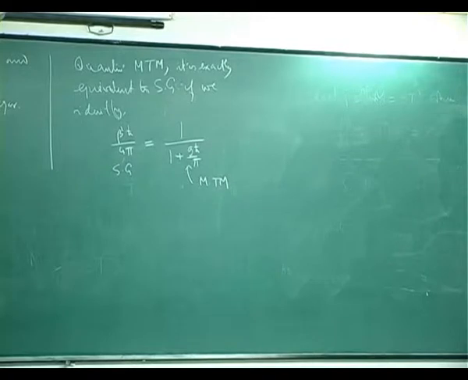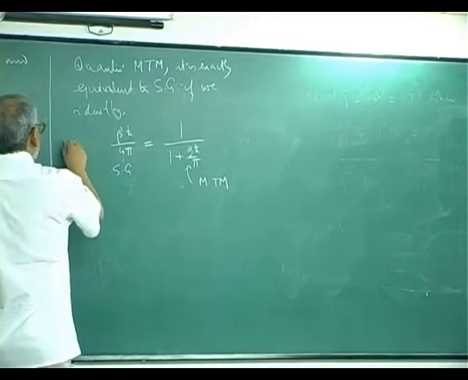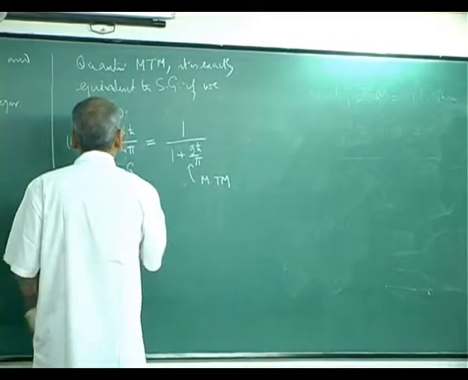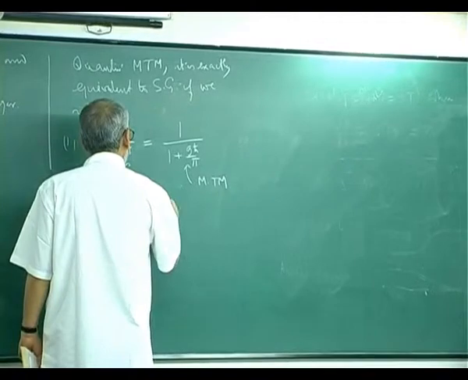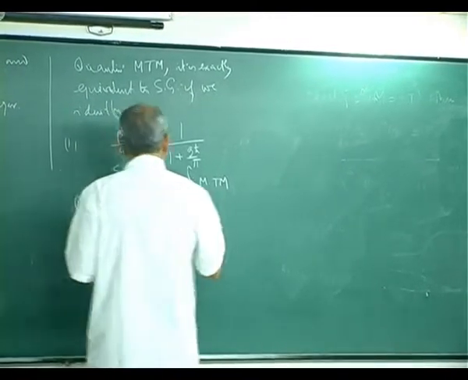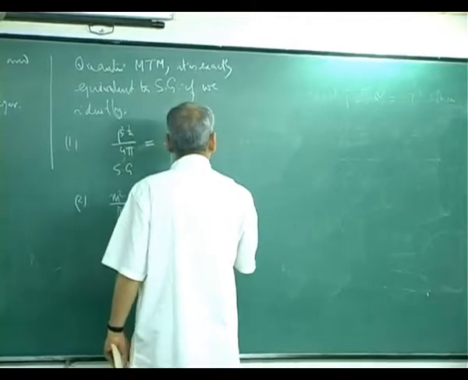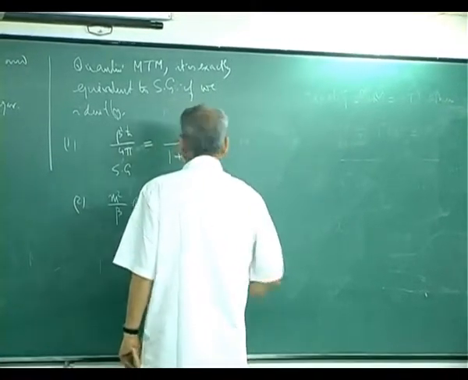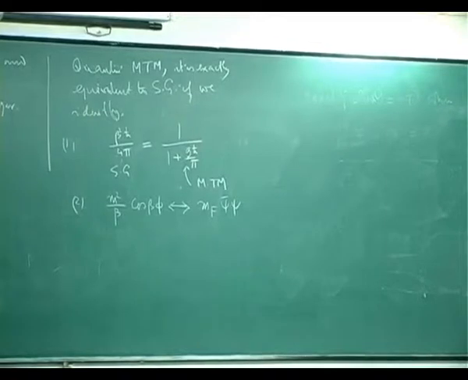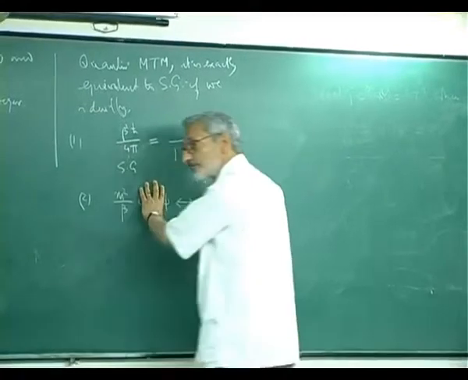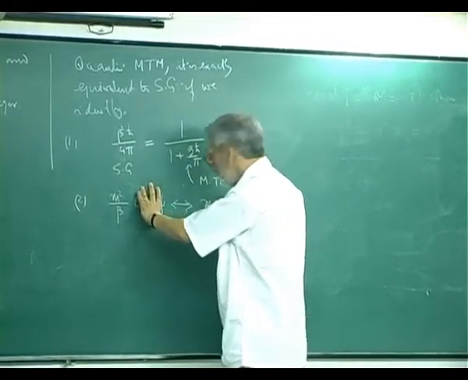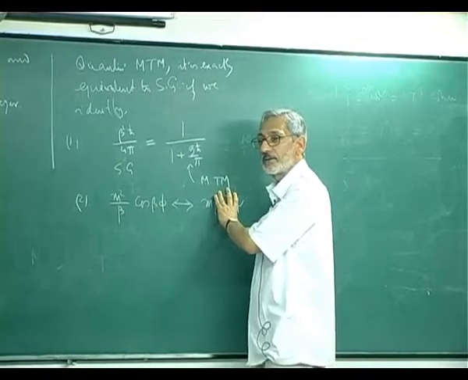So this is one. Second, identify m squared by beta cosine beta phi of the sine-Gordon model with m f psi bar psi. In other words, in the quantum sine-Gordon theory, all properties of this operator are exactly the same as the properties of this operator in the Thirring model.